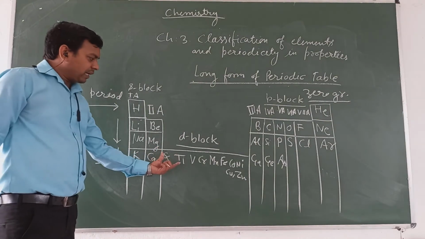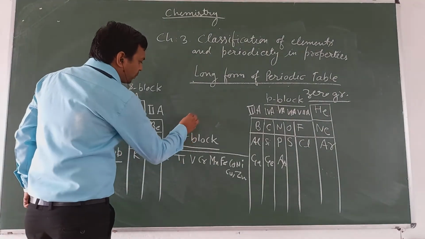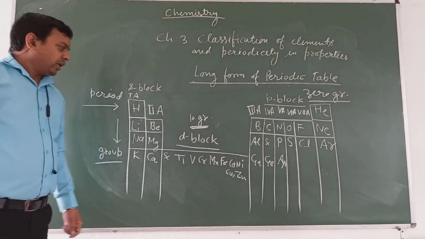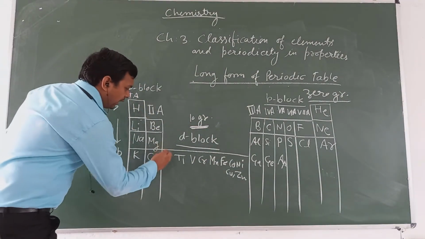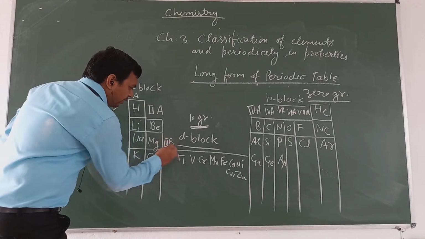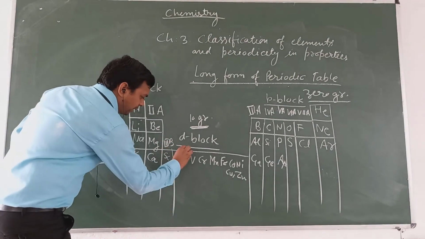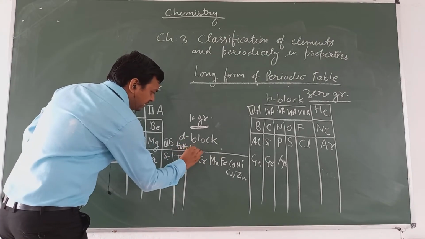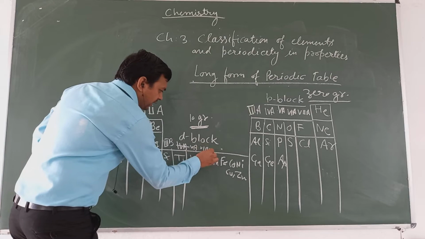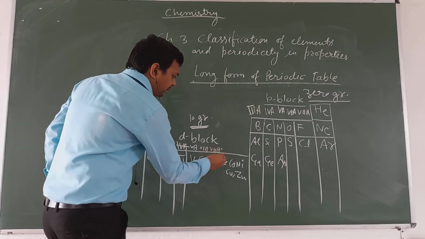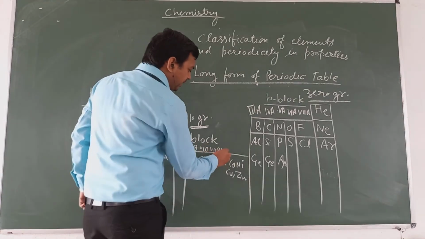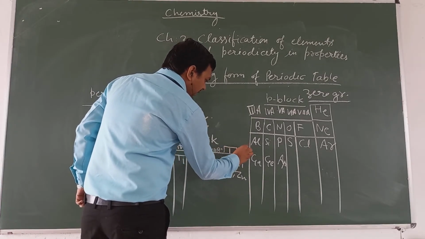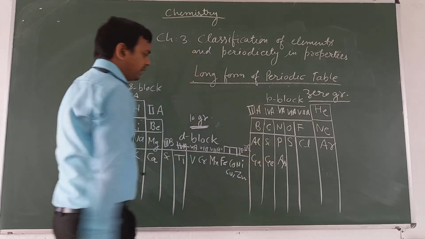And here the d block is divided into 10 groups, like third B, fourth B, fifth B, sixth B, seventh B. Group 8 contains 3 elements, and first B and second B are present.